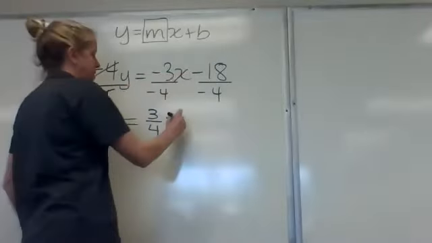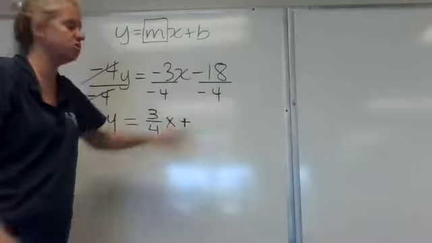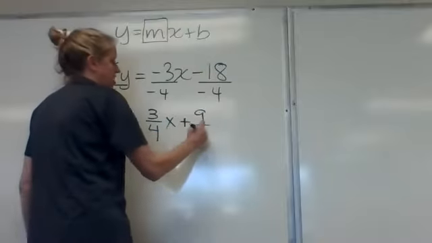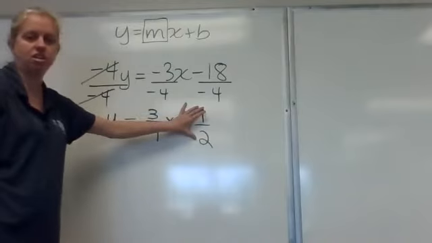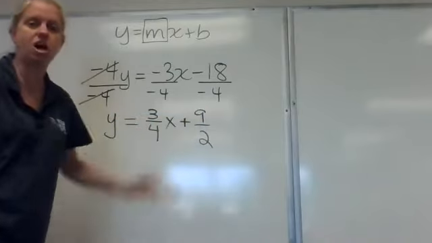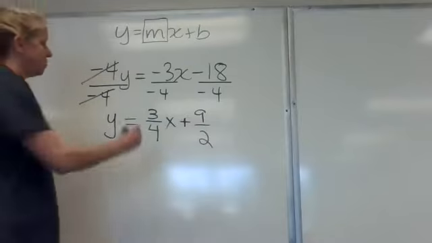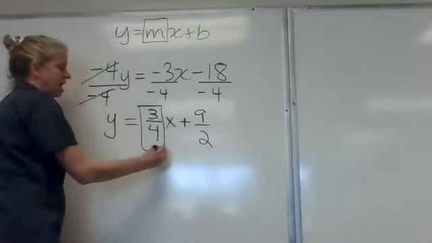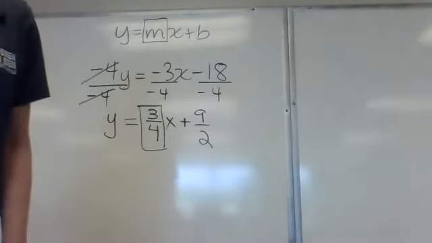Another negative divided by a negative gives me positive. This number will reduce to 9/2, but you could actually even get this number wrong. This problem doesn't have anything to do with this number. It just wants to know what's the slope. Well, once the y is by itself, the number hooked on to the x is your slope, which is 3/4.